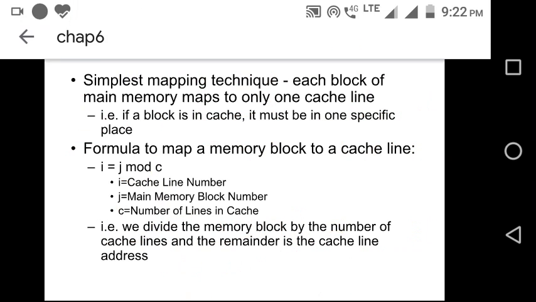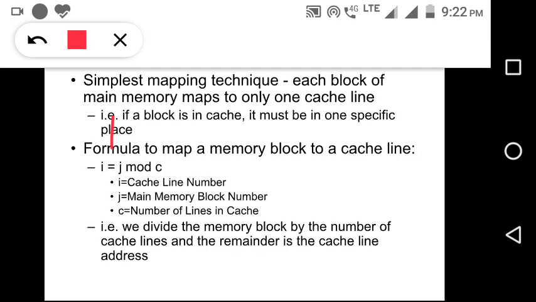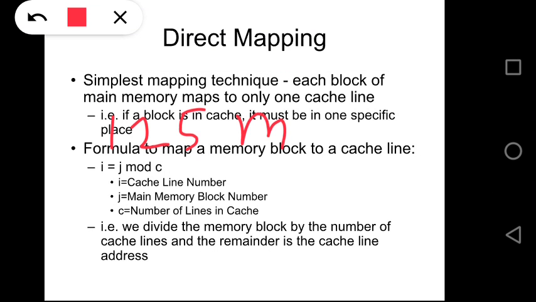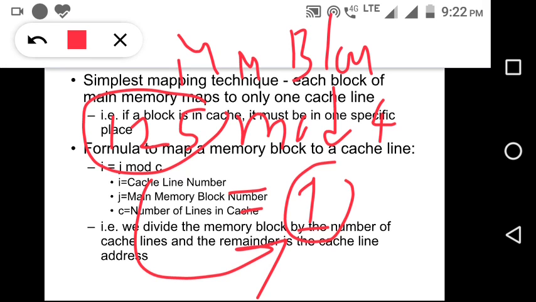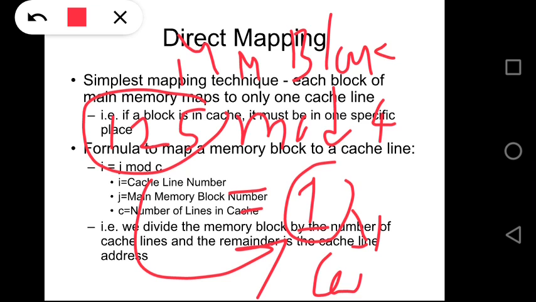So 125 mod 4 becomes 1. So this 125 is mapped to 1. 125 is the main memory block number and 1 is the cache block number.